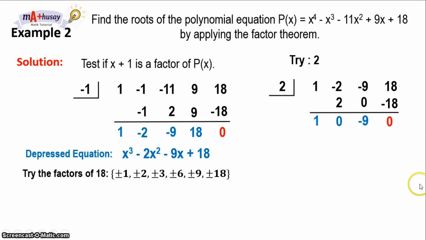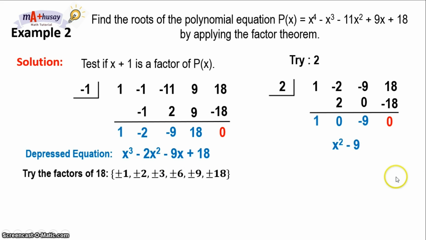So, in this case, since we have our depressed equation, x cubed minus 2x squared minus 9x plus 18, in the second time around that we have solved using the synthetic division, we have the second depressed equation, which is x squared minus 9.